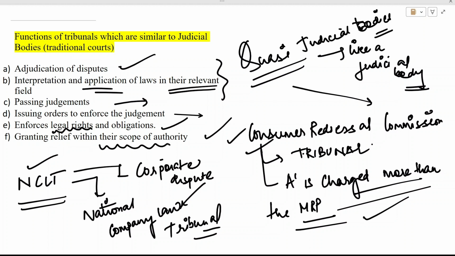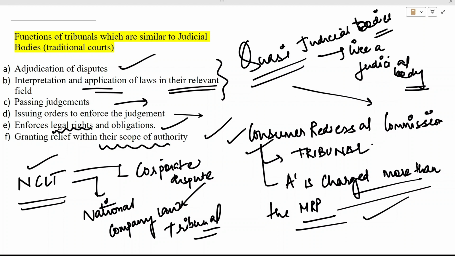Of course, suppose there is an environmental issue and that issue goes to the National Green Tribunal. There is an issue where a company is said to be polluting the river because of their industrial wastage. They are polluting many rivers in a city. Now a case is filed against them in the National Green Tribunal.